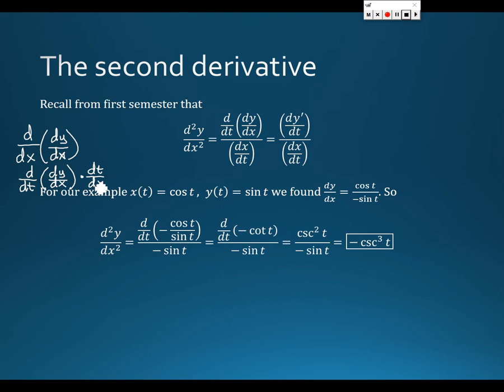If you divide by dx/dt on the bottom. So this is just one more use of the chain rule. The second derivative, this right here, means this. And by the chain rule, we can swap out x for t as long as we multiply by the derivative of t with respect to x afterward. And that is what this says if you flip this and put it underneath.